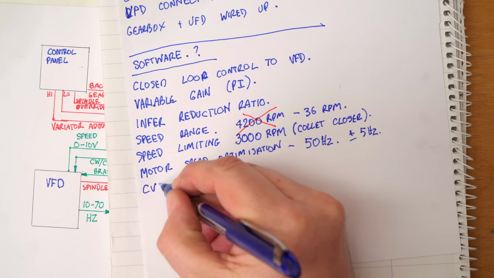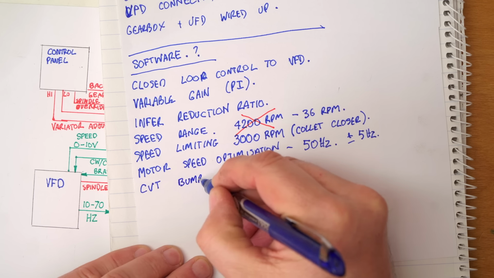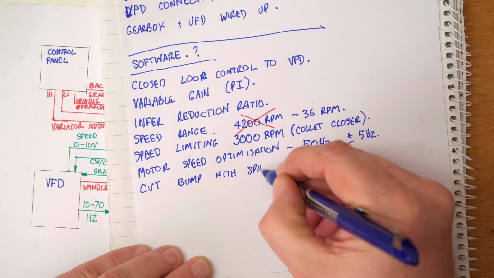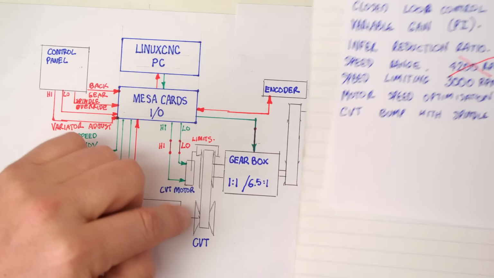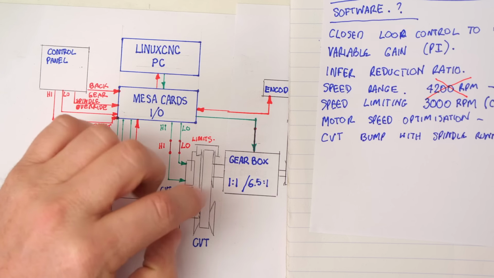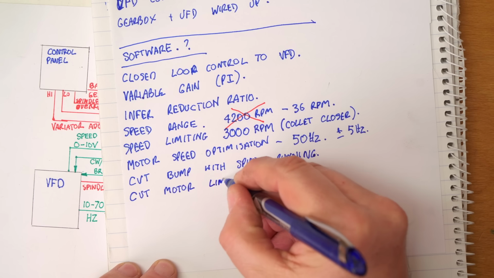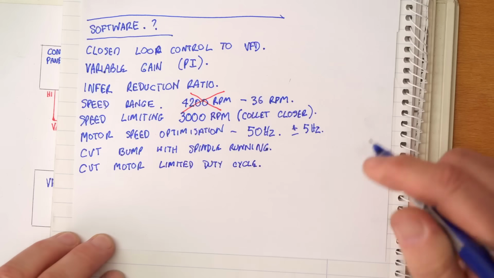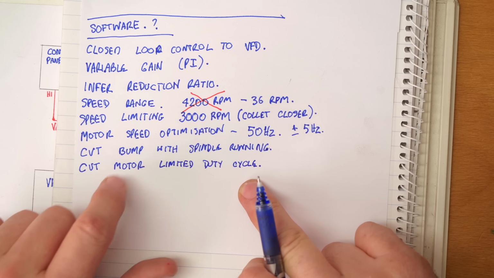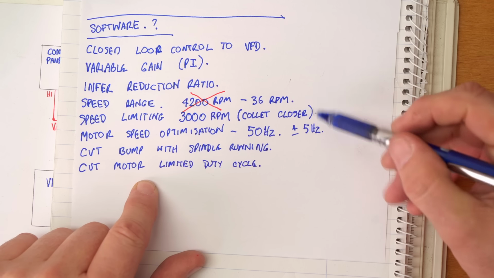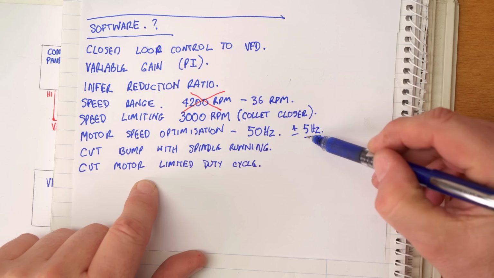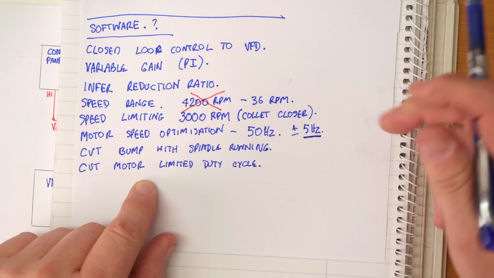The CVT can only be bumped with the spindle running. You can't drive one of these things when it's stationary, it just damages the belt. I don't think this motor has a high duty cycle, so limiting the amount of CVT bumping it does would mean a wider acceptable frequency for the speed optimization.